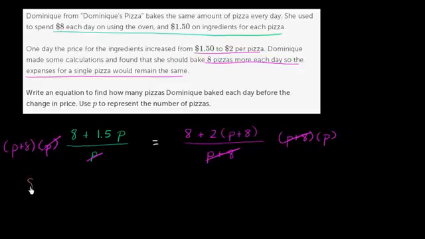Well, that's going to be 8P, I'm just multiplying the P times this stuff first, plus 1.5P squared. And now let's multiply the 8 times both of these terms. So plus 64 plus 8 times 1.5, that is 12, plus 12P.